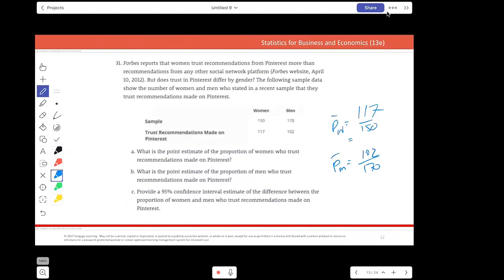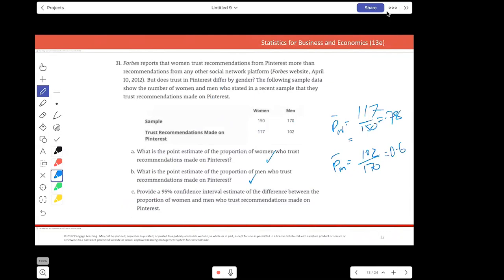With my calculator, 117 divided by 150 is 0.78, and 102 divided by 170 is 0.6. So 60% for men, 78% for women. That looks pretty big.